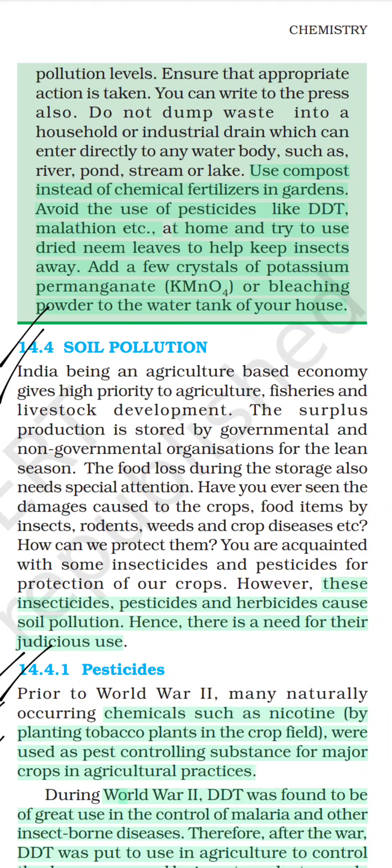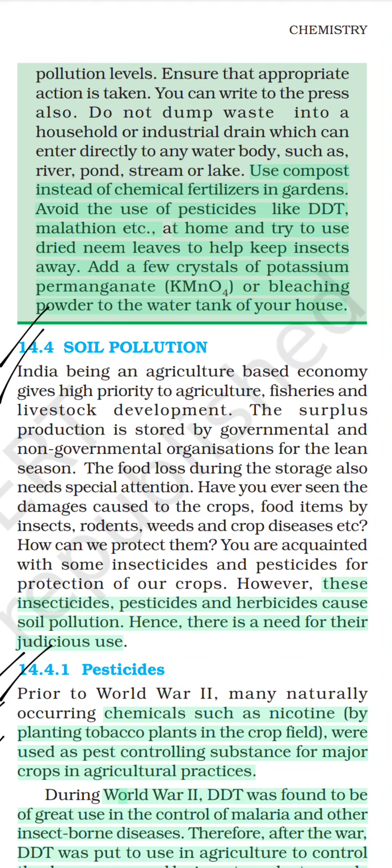Soil pollution. India, being an agriculture based economy, gives high priority to agriculture, fisheries, and livestock development. The surplus production is stored by governmental and non-governmental organizations for the lean season.